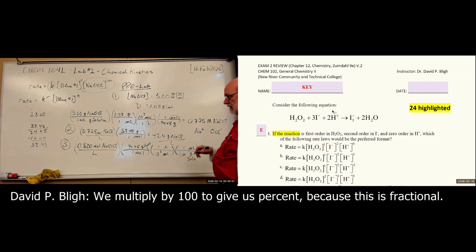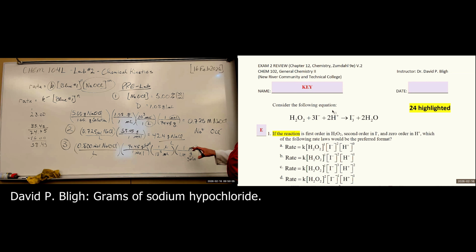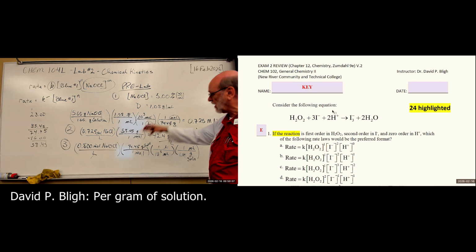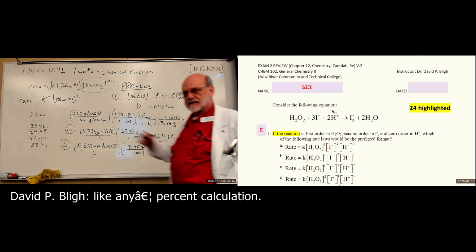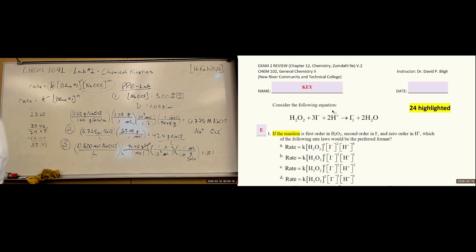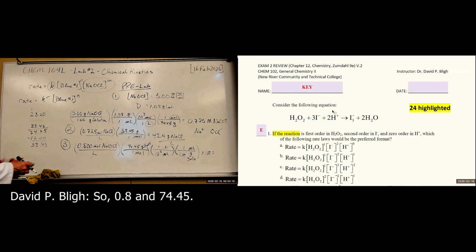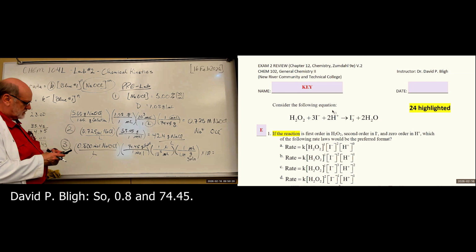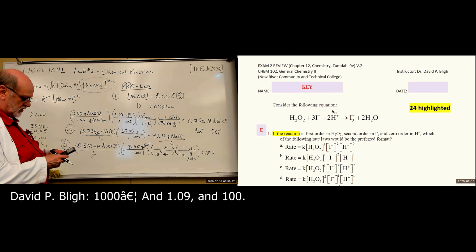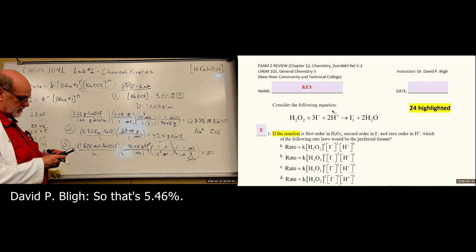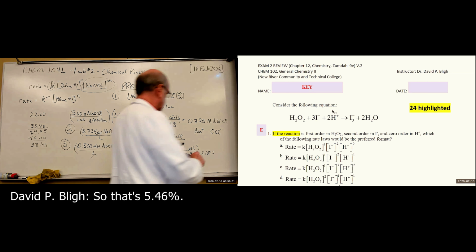And then we multiply by 100 to give us percent, because this is fractional grams of sodium hypochlorite per gram of solution times 100, like any percent calculation. So 0.8 and 74.45, 1,000 and 1.09 and 100. So that's 5.46%.